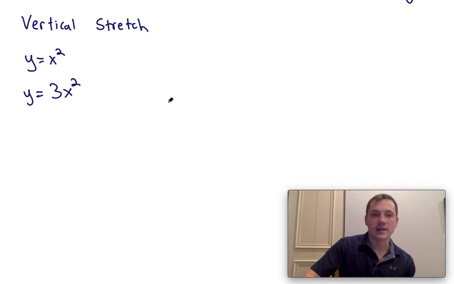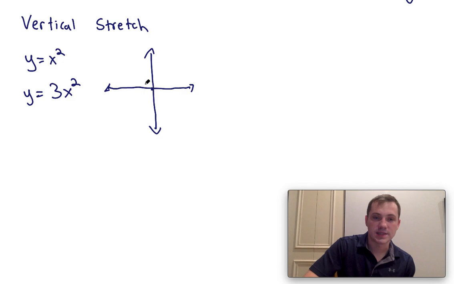Graphically, y equals x squared is going to be a pretty standard parabola. Plot some points on it: (0, 0), (1, 1), and it also goes through the point (2, 4). So that's (negative 1, 1), that's (1, 1), that's (2, 4).